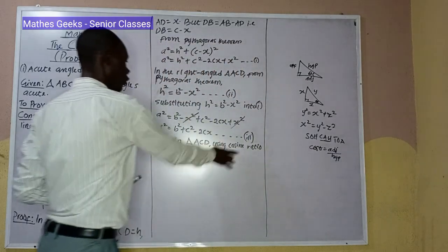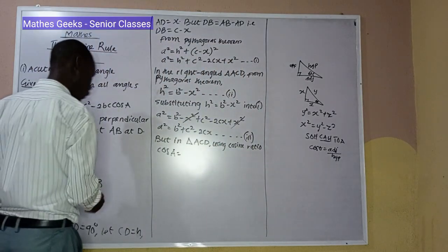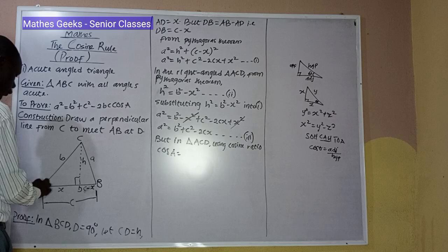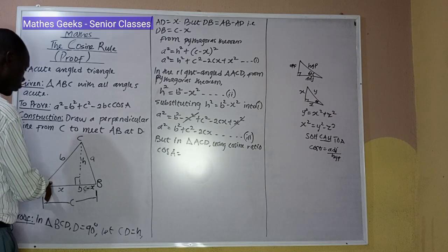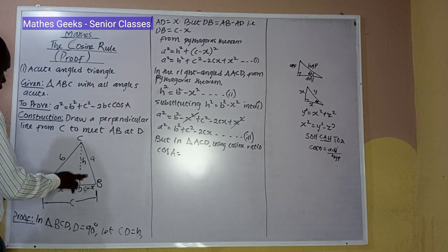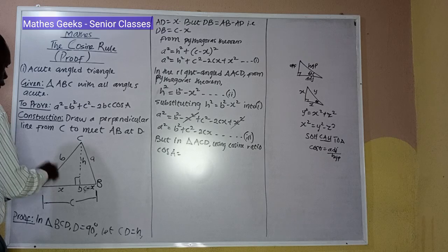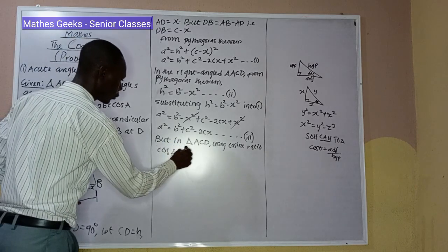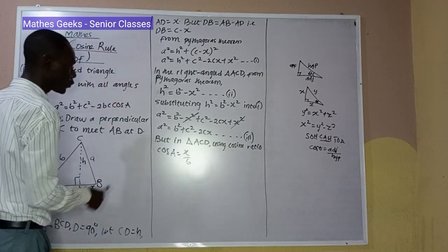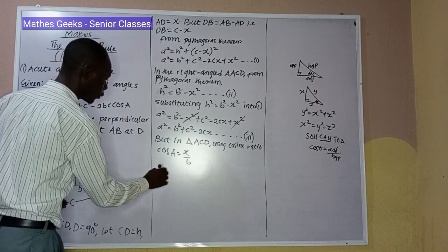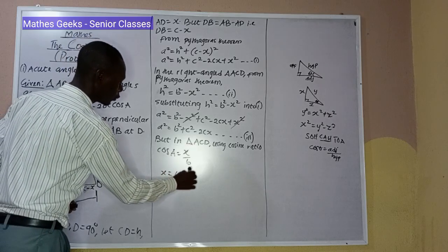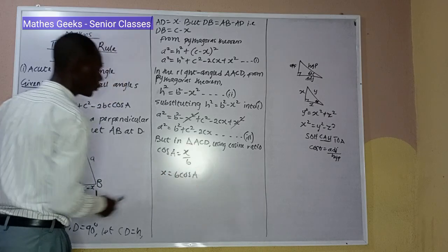So using the cosine ratio, cos A, which is this angle A, is equal to adjacent x over hypotenuse b. So x is equal to b cos A.